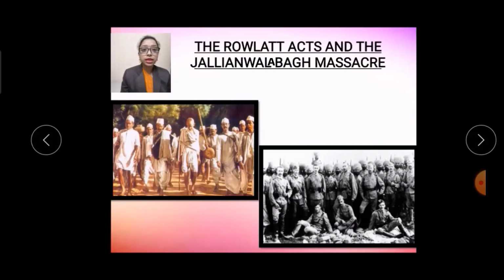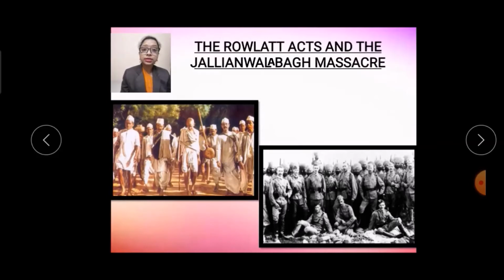Satyagraha, as you know, is a non-violent method of protest against any form of injustice. And we all know that Gandhiji always used non-violent methods of protest.